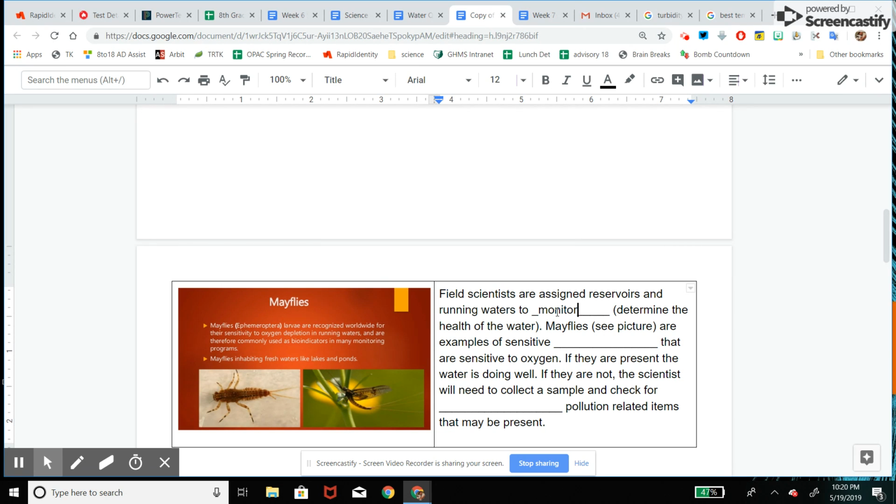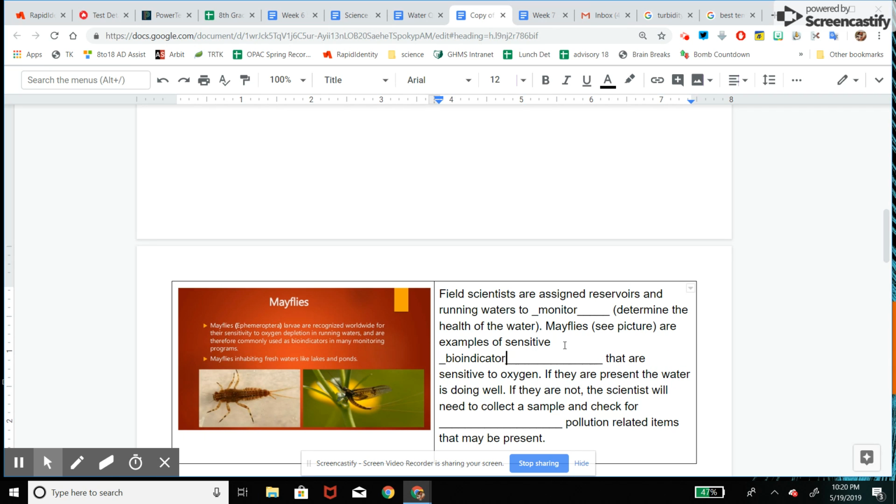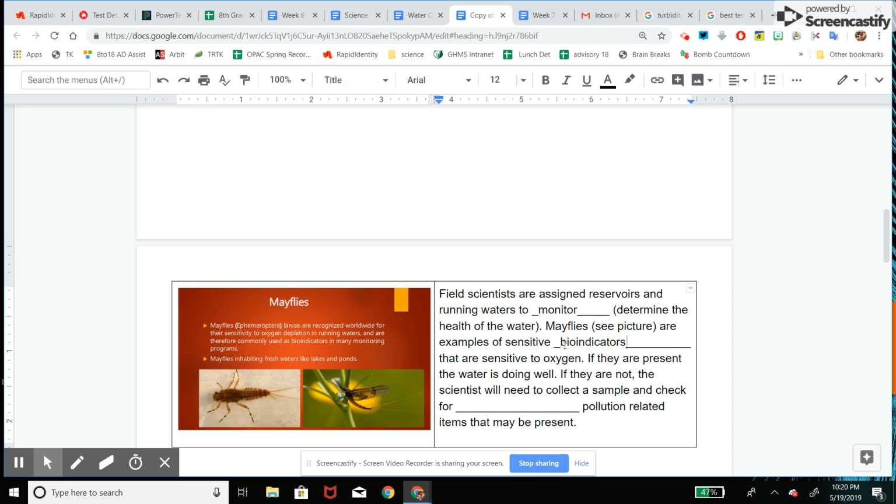Scientists have figured out that there are little organisms like mayflies, if you see in the picture over here, that are examples of sensitive bioindicators that are very sensitive to oxygen.